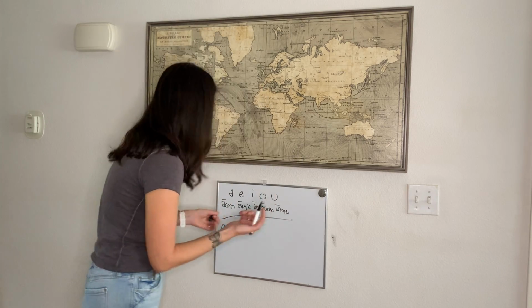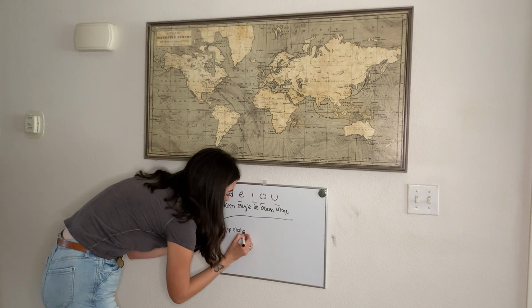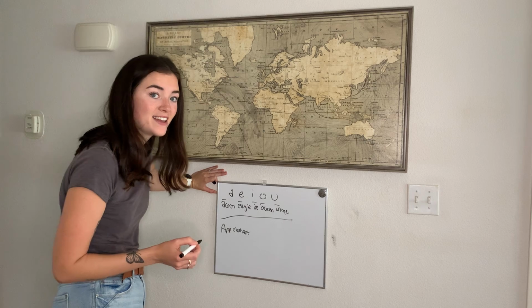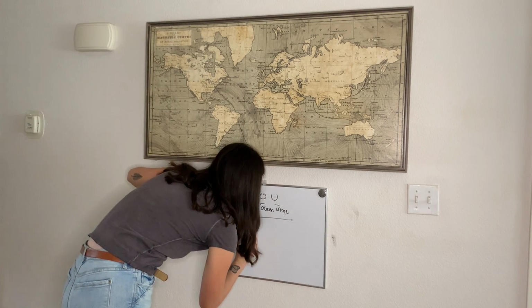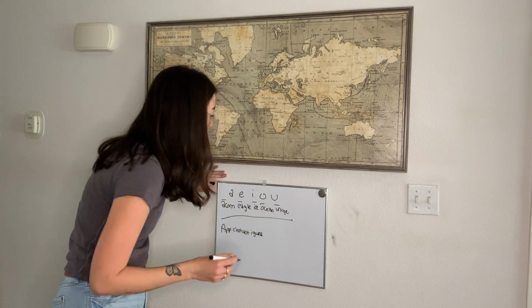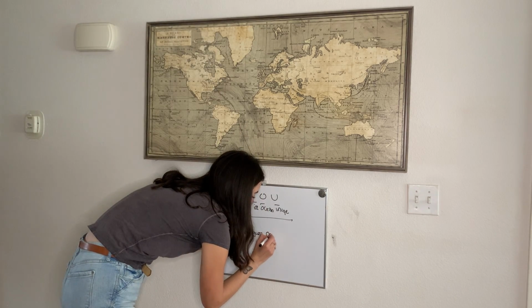Good, elephant. So going into another animal, we have our elephant. And how about an I? Good, another animal, we'll do iguana. And how about our O this time? Can anyone tell me a word that starts with O? Good, we're loving our animals, we'll do octopus.